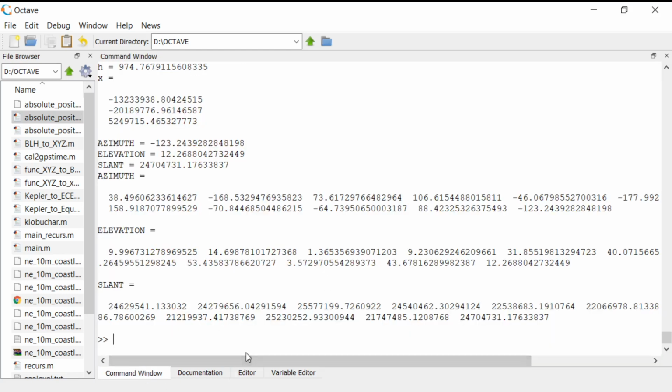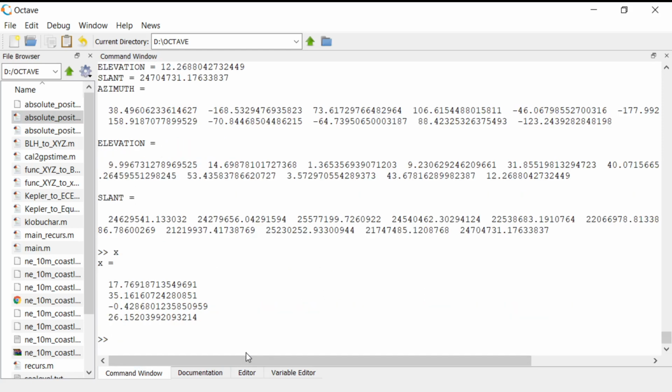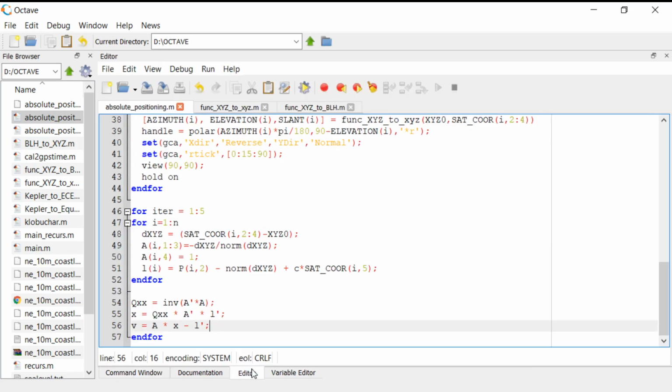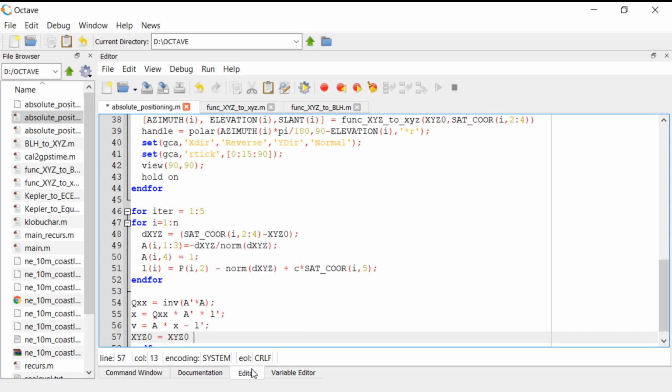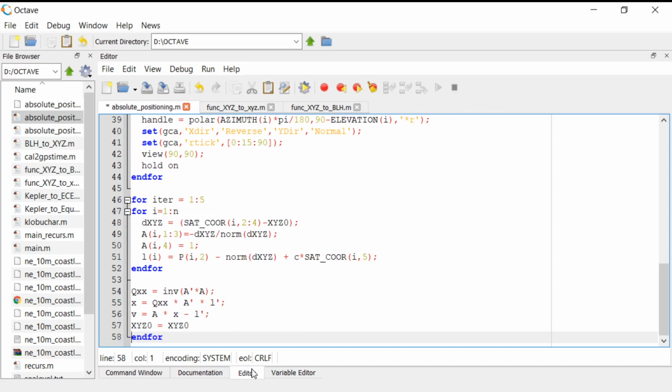Let's do the calculation. We will see the x is still the same because we did not update our unknowns. So we need to update our unknowns. How will we do that? By xyz0 equal to xyz0 plus x 1 to 3.